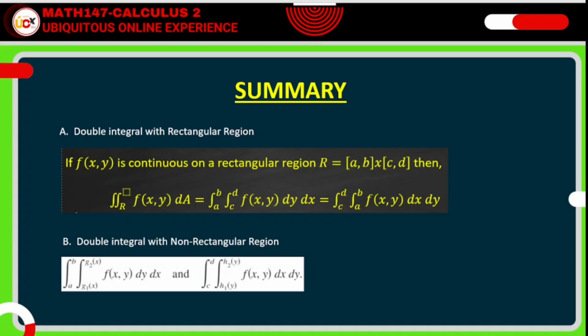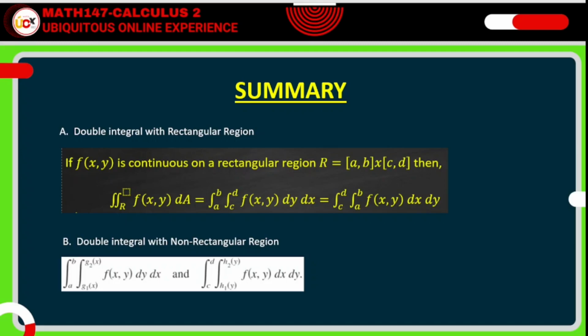So for double integral of f of xy times the change in the area over region R, if the region is rectangular, then this can be evaluated by evaluating the double integral of the function f of xy dy dx, where y is from c to d and x is from a to b. So take note that if the order of integration is dy dx, then you have to integrate this function first with respect to y and then with respect to x.